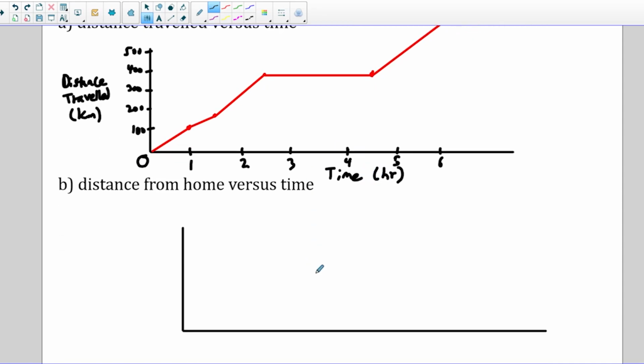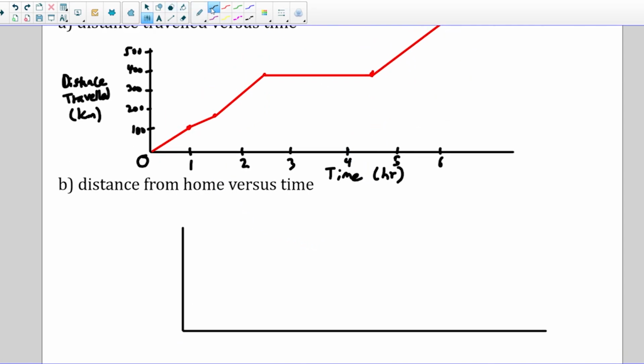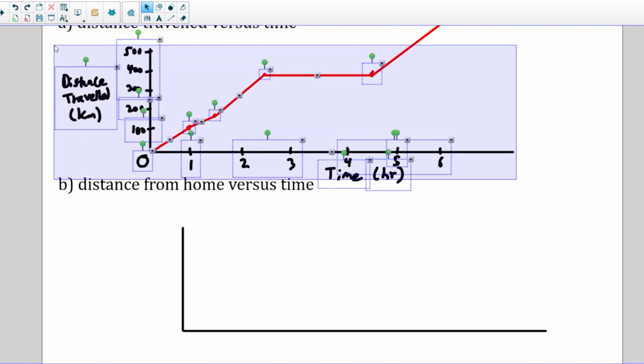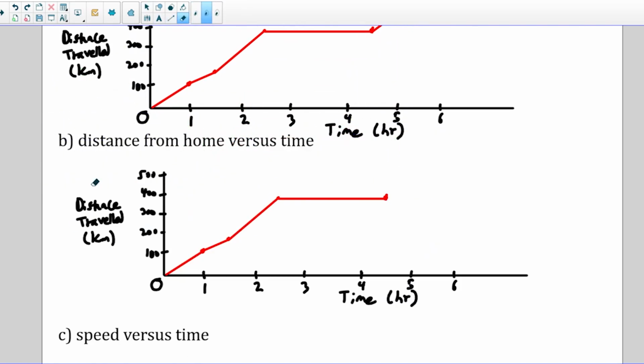Now, if we're looking at distance from home versus time, what we can actually do, and I'm going to cheat a little bit here, I'm actually going to copy everything that I have and put it down here. Now, why am I allowed to do that?